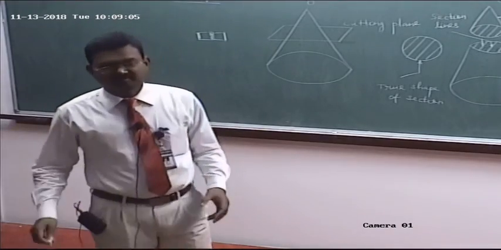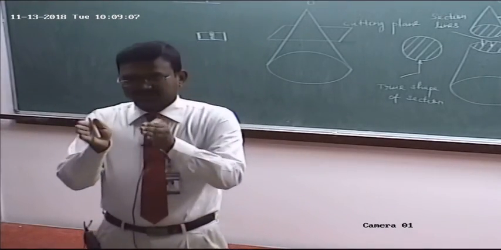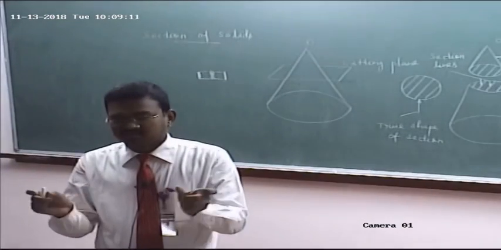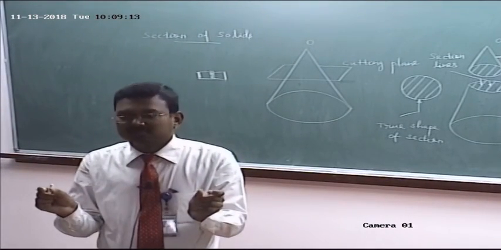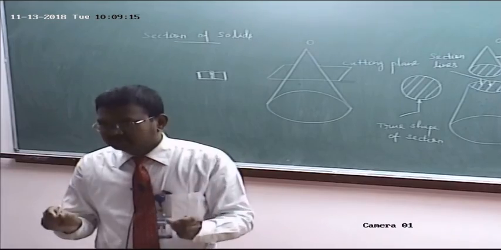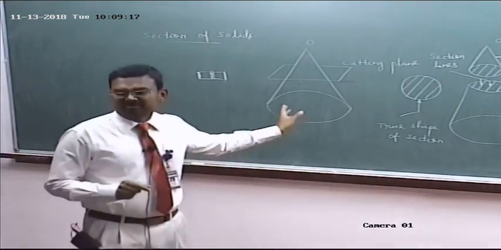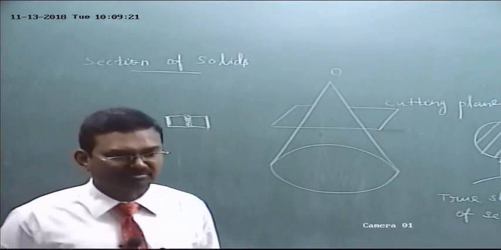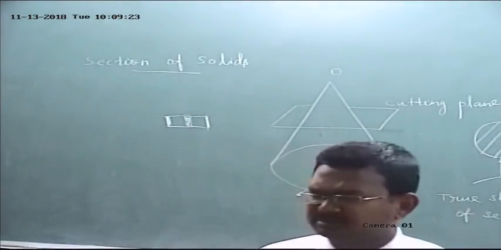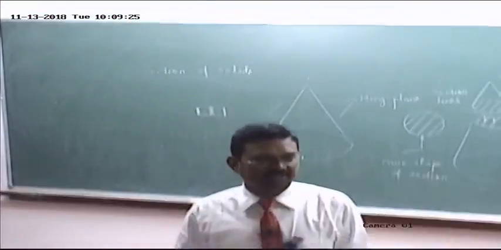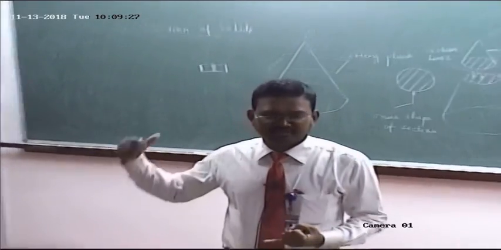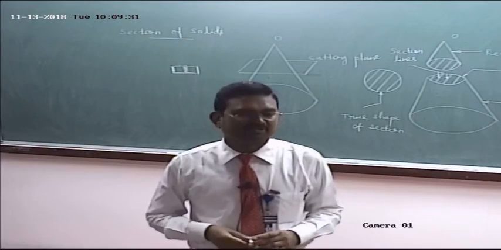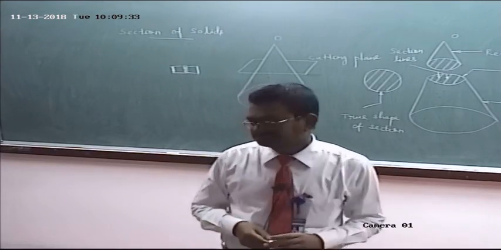So we can verify the thickness of the cement portion between the bricks and the wall thickness. It is possible only by cutting the wall, isn't it? To show the interior details of an object, may be a machine component or building drawing, anything, the knowledge of section of solid is required. So this is the main objective of section of solid.